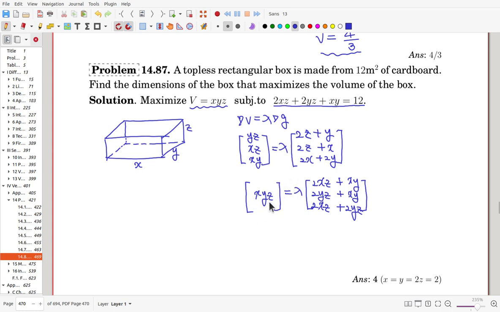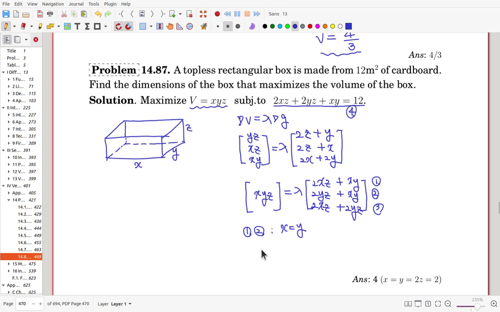Now xyz is the same for every equation 1, 2, 3, and of course the constraint is the fourth equation. The left-hand side is the same, so the right sides must be the same. From equations 1 and 2, we get 2xz must be the same as 2yz, so we have x equal y. Right?